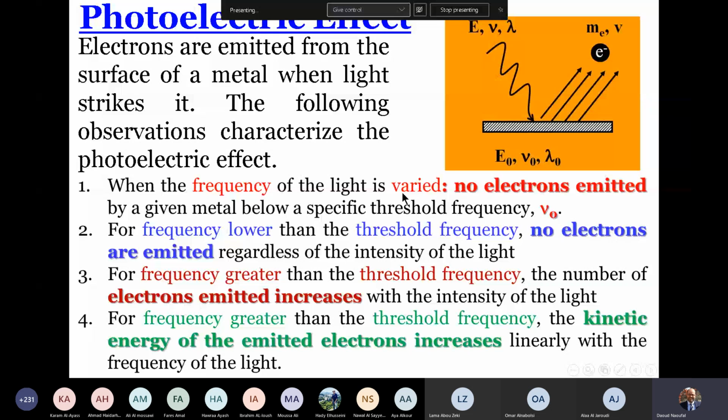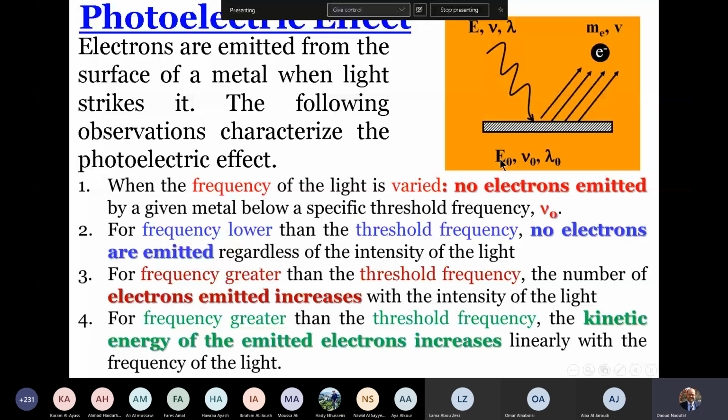For other frequencies, no electrons are emitted. So he concluded that the electrons can be ejected from the metallic piece if the value of energy E that strikes the metallic piece is greater than a certain value of energy of the metallic piece we called E0, the threshold energy.